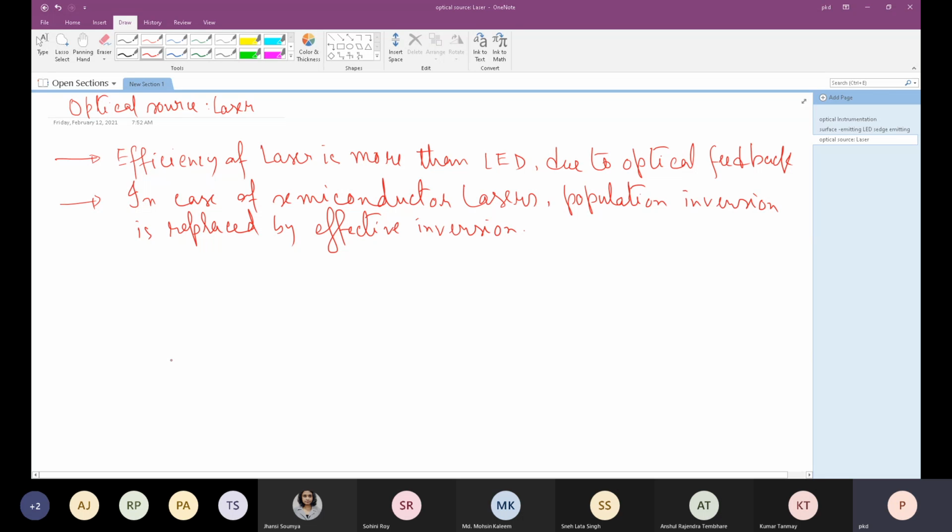For the gas laser, actually, the population inversion takes place like this.